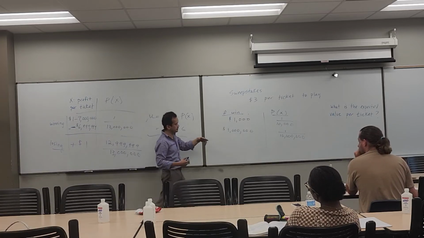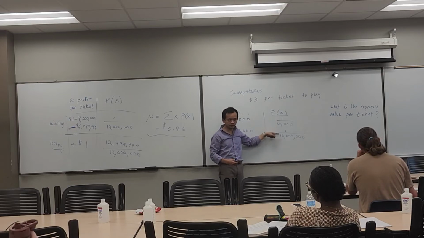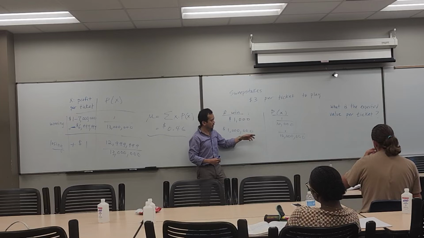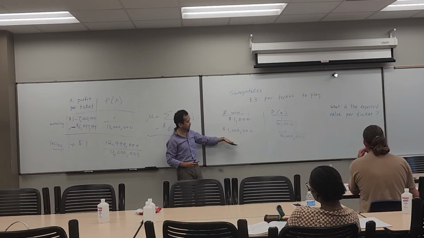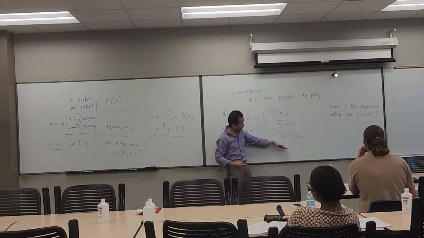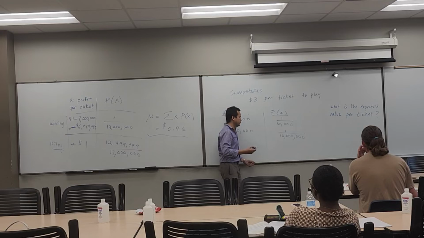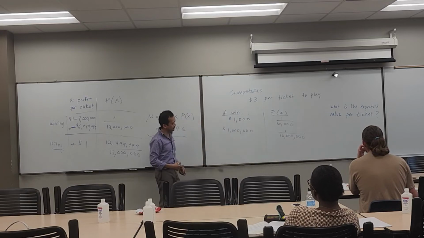But here, as a sanity check, if you add up all the probabilities, they're not adding to 1. And that tells you that there are cases that are left out from this variable. If you had accounted for all the cases, then the probabilities should add up to 1. So what cases are we missing?